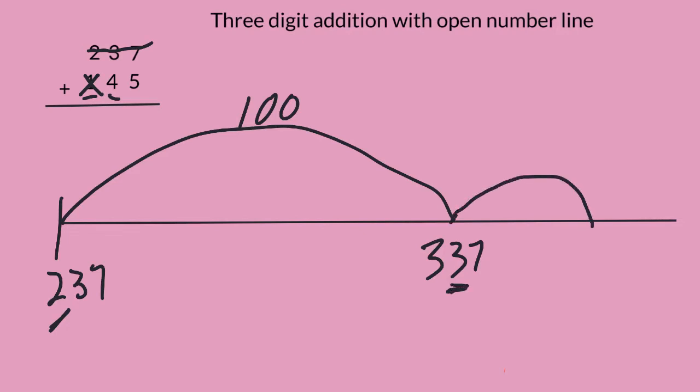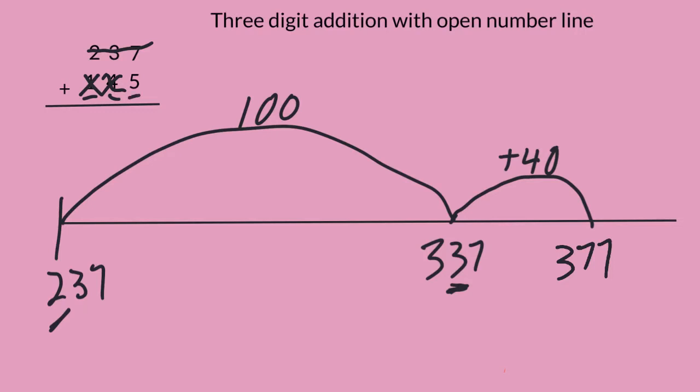So if we do our jump of 40, that's going to be 4 more tens than the 3 tens that we have here. So that's going to be 377. Then we can go back and cross off our jump of tens.